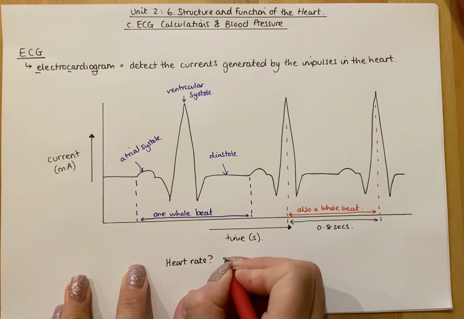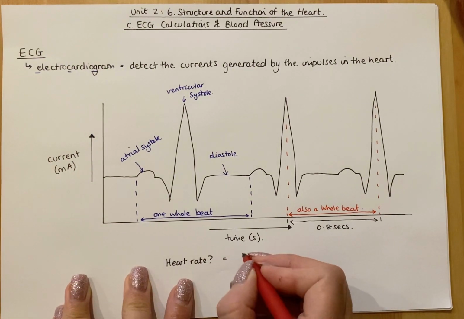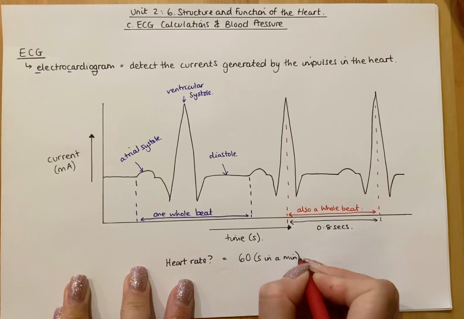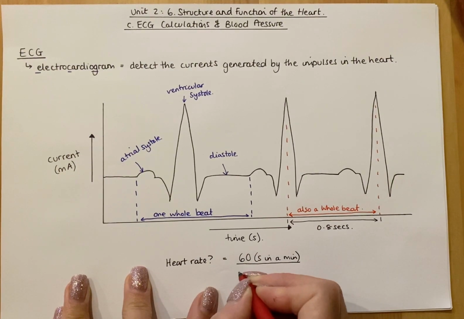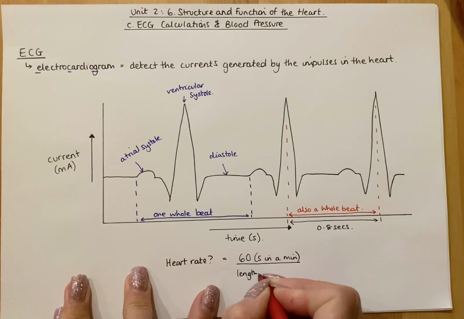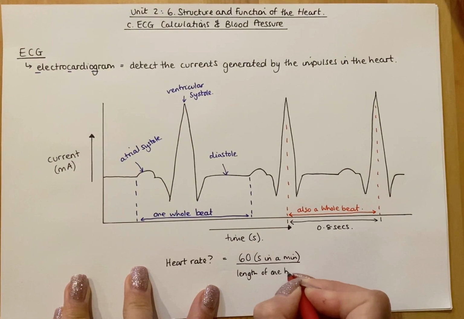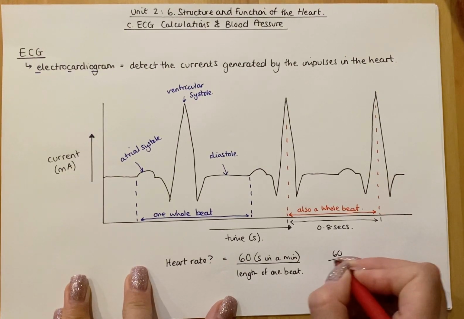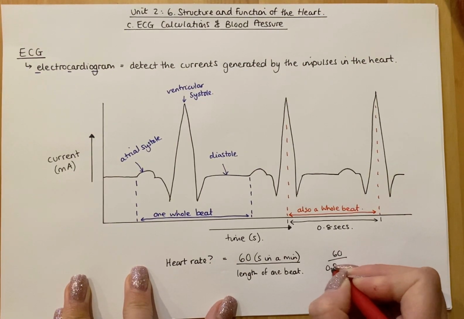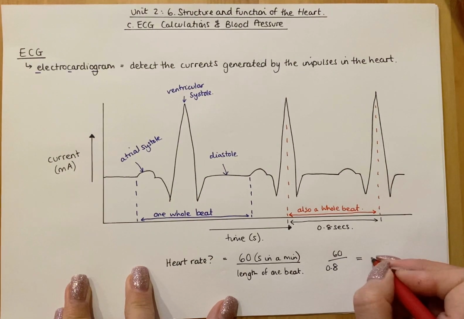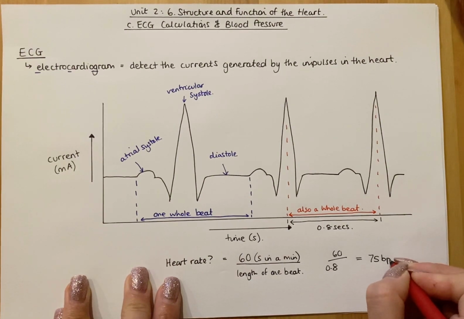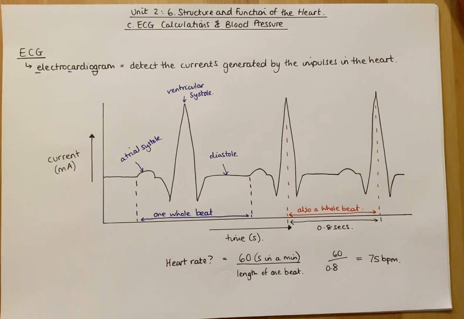How you do this is you take the number of seconds in a minute, which is 60, and divide that by the length of one beat. In this case, that'd be 60 divided by 0.8. That gives you 75. It's the heart rate, so it's measured in beats per minute. So that person's heartbeat would be 75 BPM.